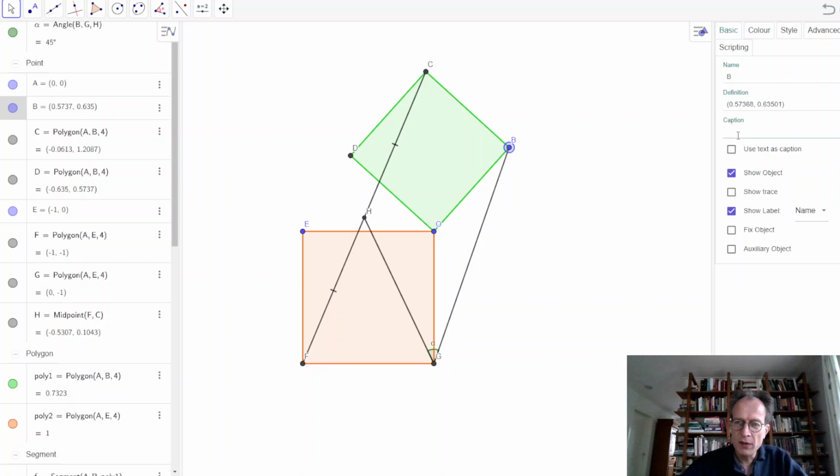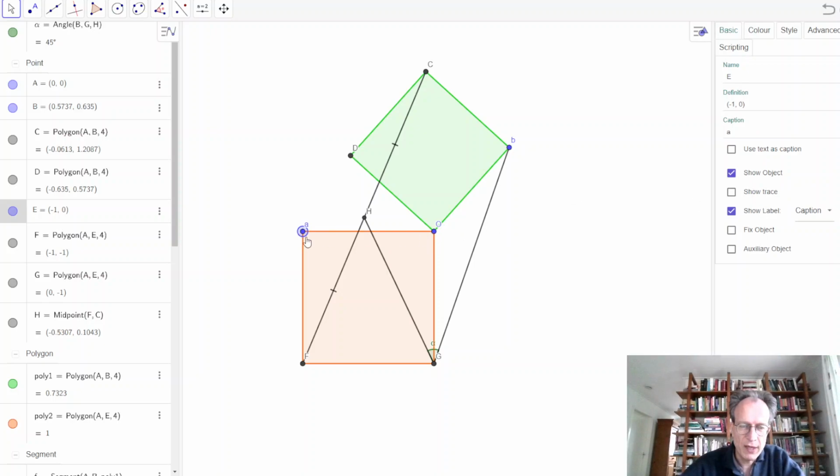Then we call this the endpoint of the vector B. So the vector B is from O to there. And we call this the vector A. So the vector A goes from there to there. And because this is a square, we call this RB.